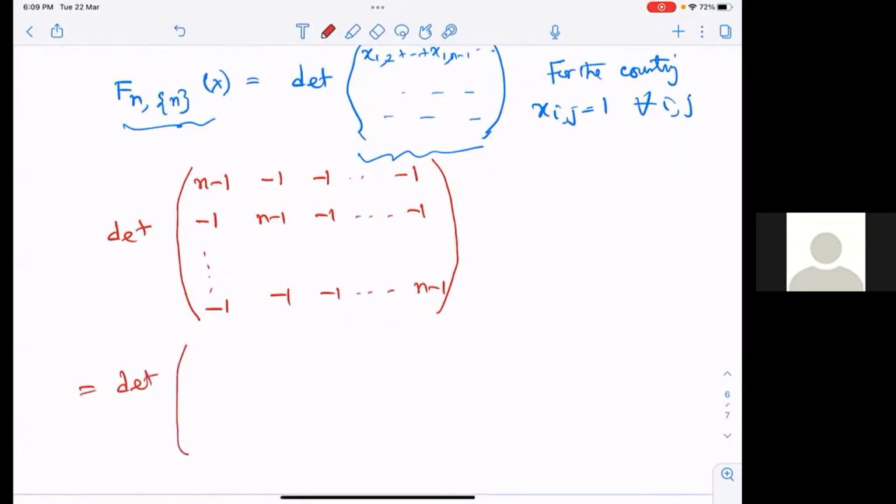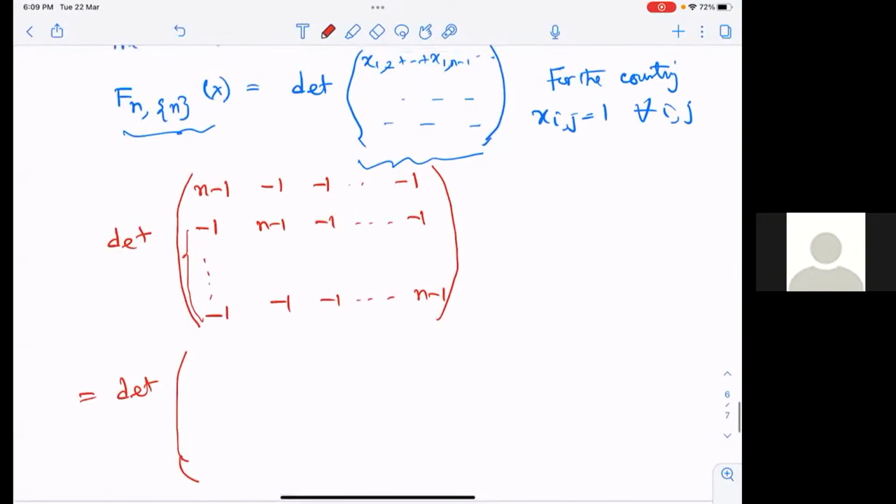So what I will do, I will add all these rows to the first row. There are n minus 2 rows, right? I will add them to the first row. So what will happen? It will be 1, all entries will be 1, right? Because the determinant is preserved under that operation.